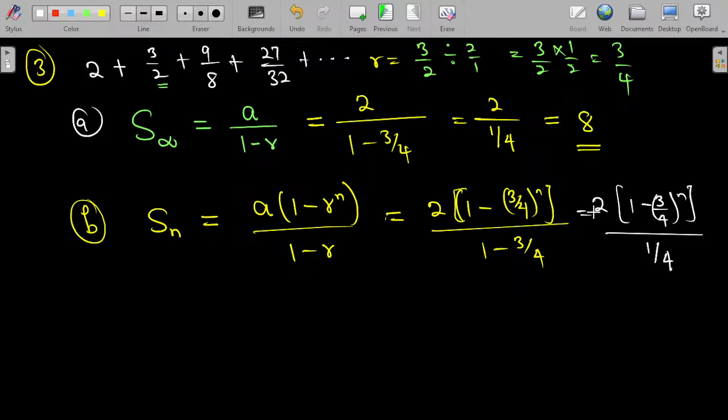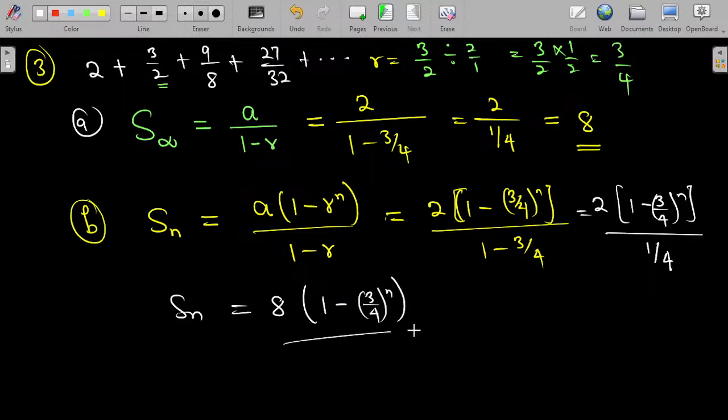So this 4 will come up now, and it will multiply 2 to give us 8, so we have our Sn as 8 into the bracket of 1 minus 3 over 4 to the power of n, and then we close the bracket. So this is the possible point we can get to for the sum of the first n terms.